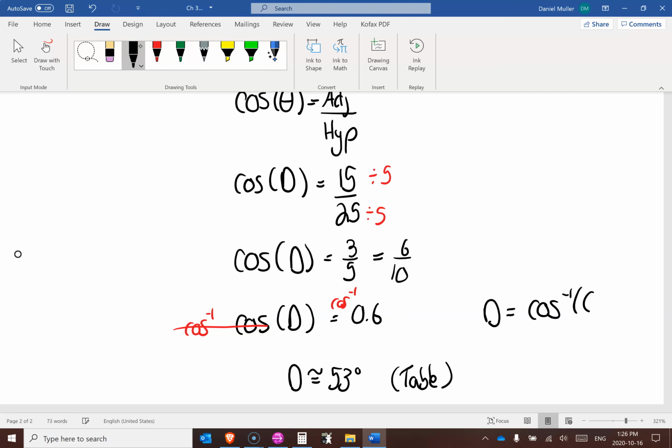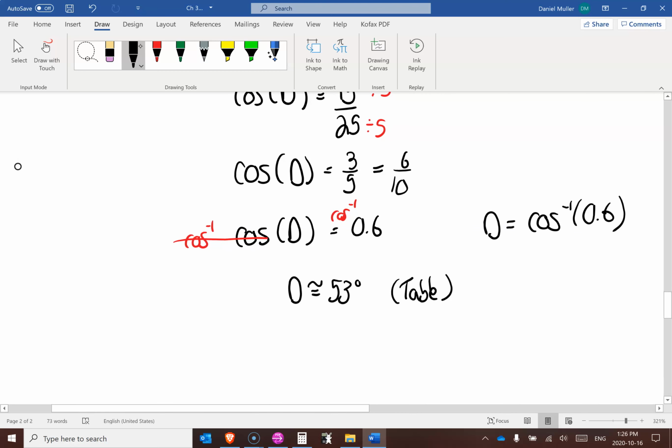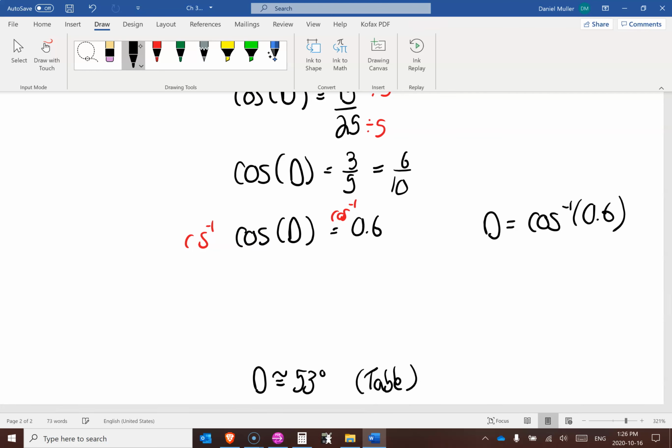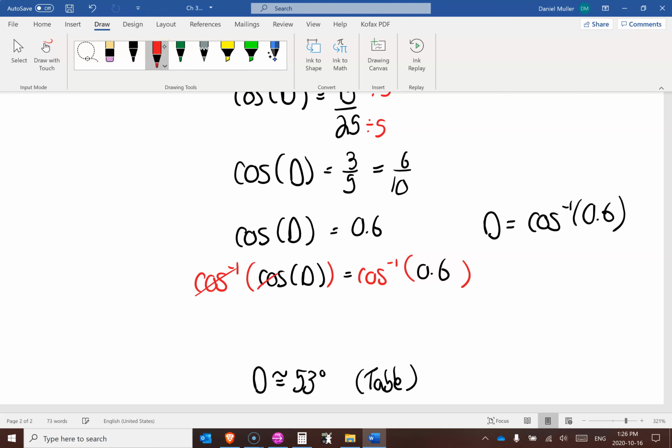I forgot I can do this with my pen, even though I said I would never do this again. So you're just left with D equals cos negative 1 of 0.6.